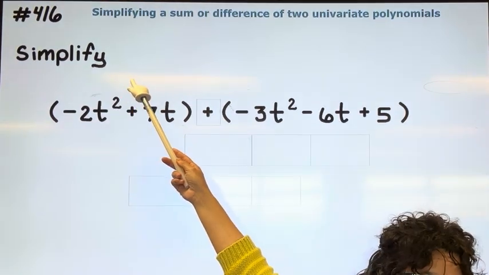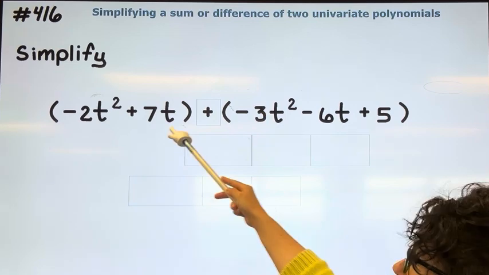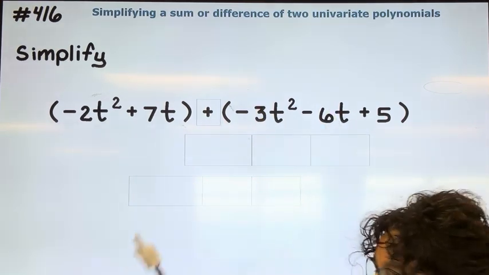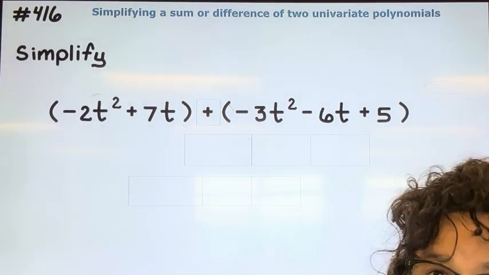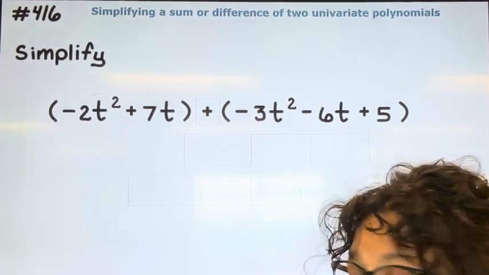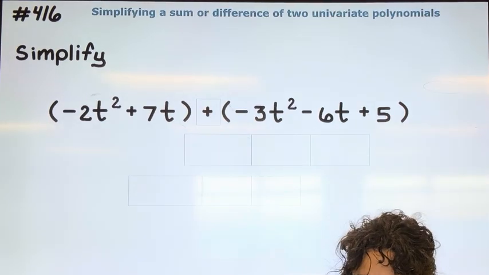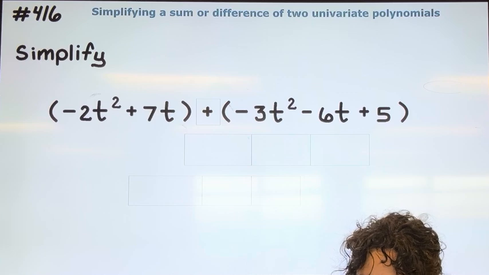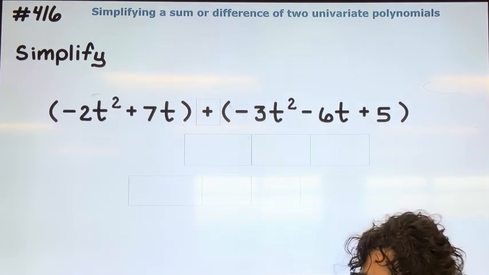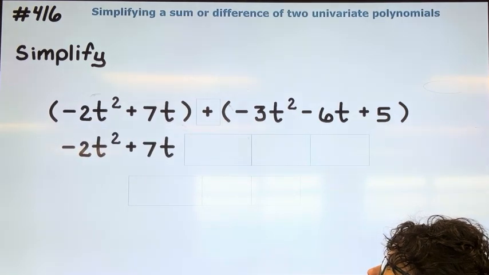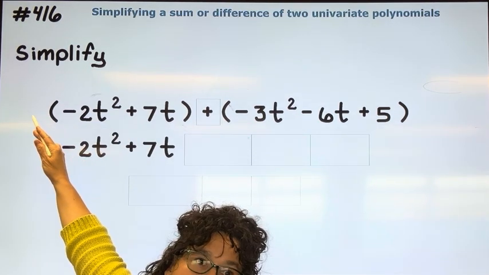We're going to simplify, which really means we're going to add what's in these parentheses plus what's in these parentheses. When there is addition or a positive in front of parentheses, you're just removing the set of parentheses. So I'm going to take this negative 2t squared plus 7t and just bring that down because there's nothing in front here.